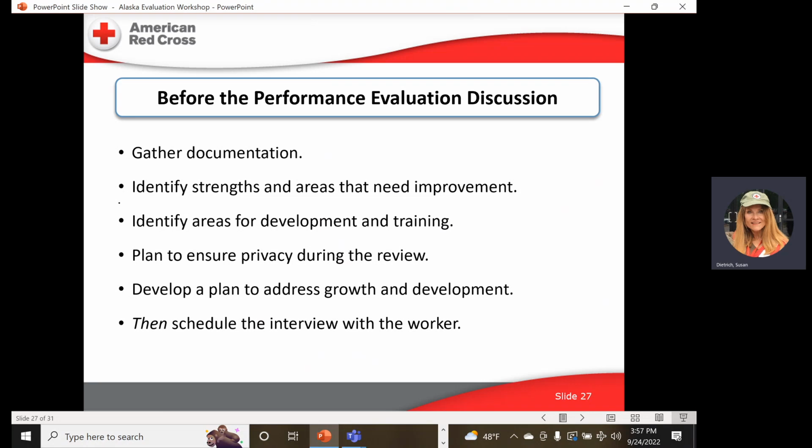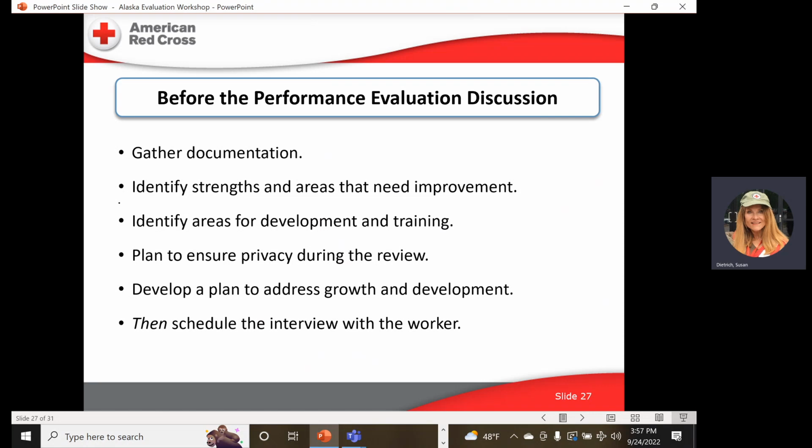You definitely want to identify strengths and areas that need improvement, and areas for development and training. And this comes from them telling you early on what their goals are, what they want to do on their next DRO. I hope, needless to say, all of this occurs in a very private area.